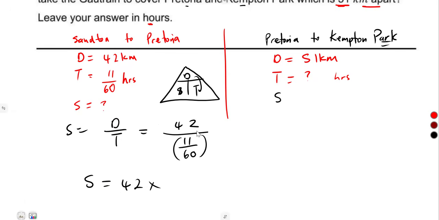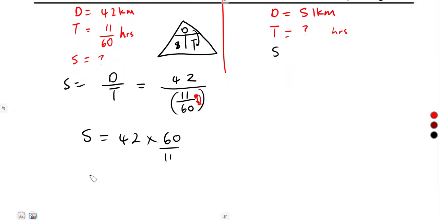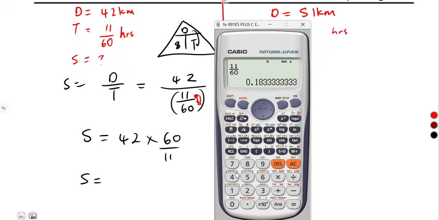Remember, the moment we introduce a multiplication here, we invert the second fraction. So it's going to be 60 over 11. So that's our speed. 42 times 60 over 11.